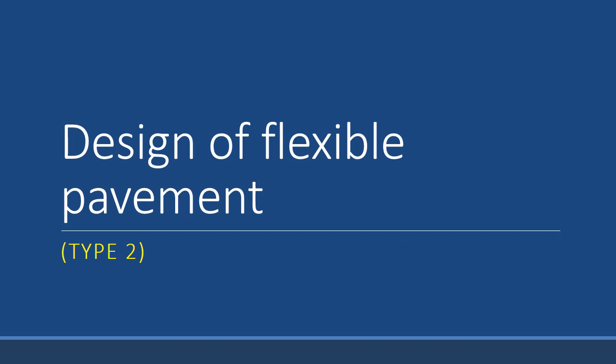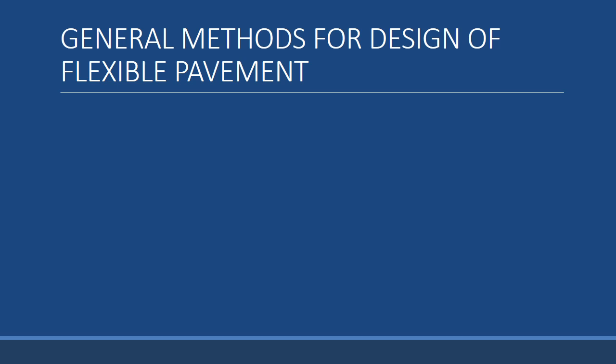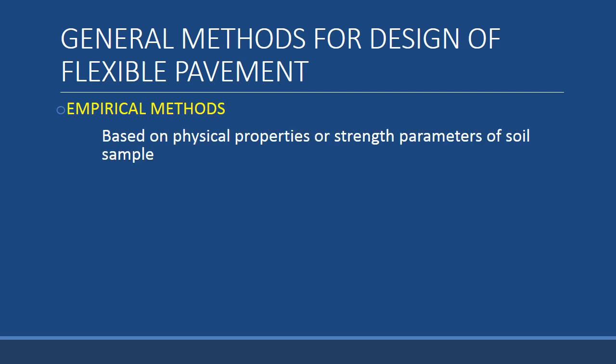Now let us continue. So what are the general methods for design of flexible pavement? One method is the empirical method, which is based on physical properties or strength parameters of soil sample.